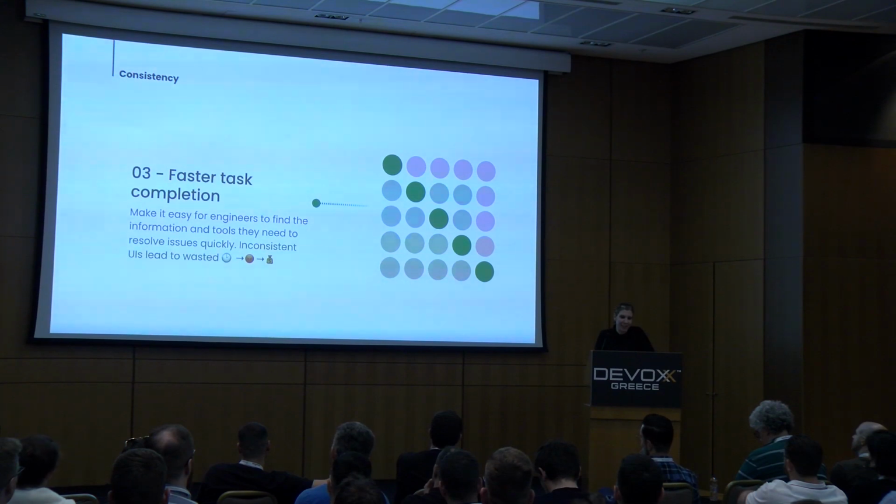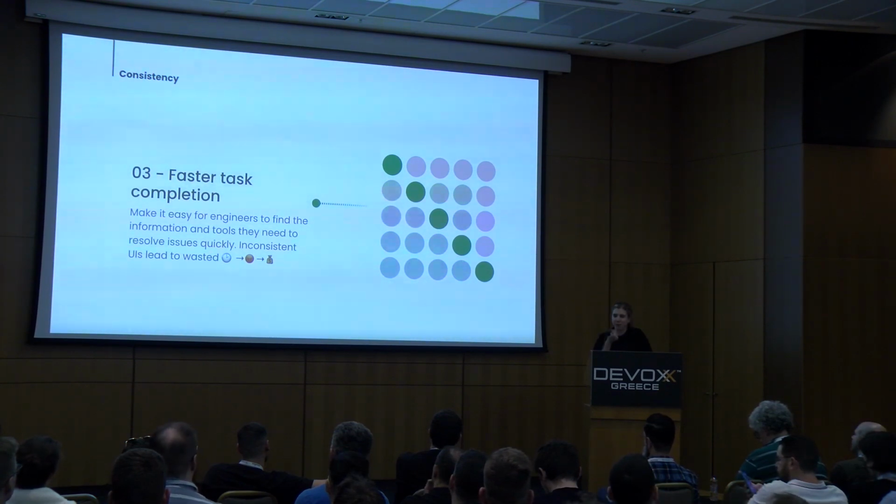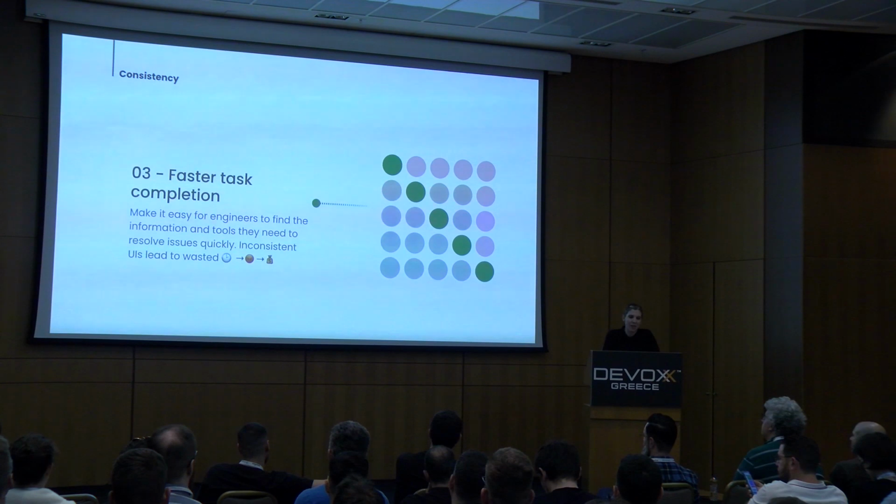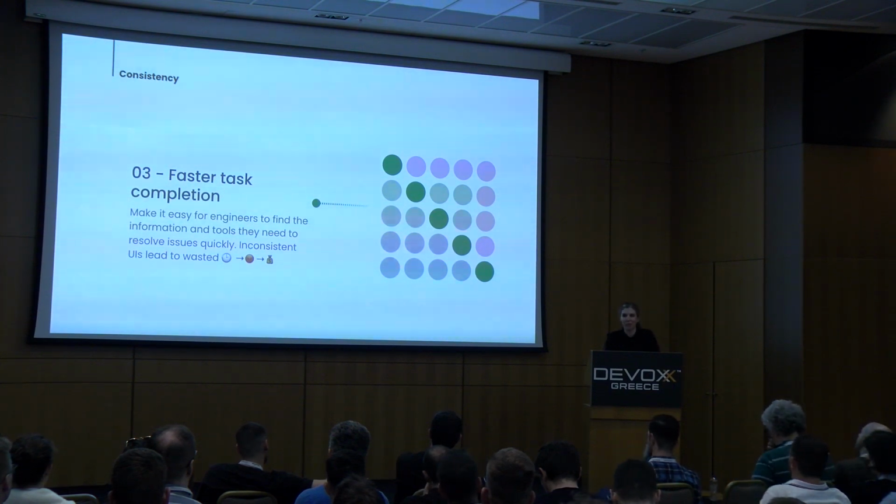Finally, inconsistent design leads to wasted time and frustration. And we said that. You've used an app where you're looking for a button that you cannot find, or it's an unfamiliar app and you cannot do what you want, and that causes frustration. On top of it, put the layer of time, because it's monitoring. You need to resolve the incident as fast as possible.